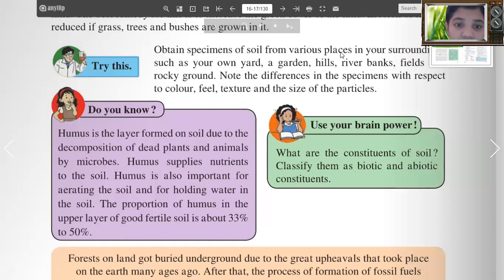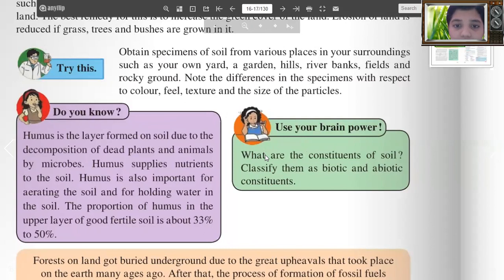Humus supplies nutrients to the soil. Humus is also important for aerating the soil and for holding water in the soil. The proportion of humus in the upper layer of good fertile soil is about 33% to 50%.